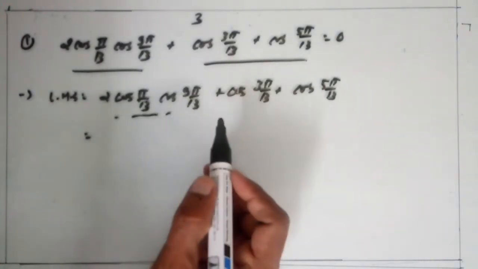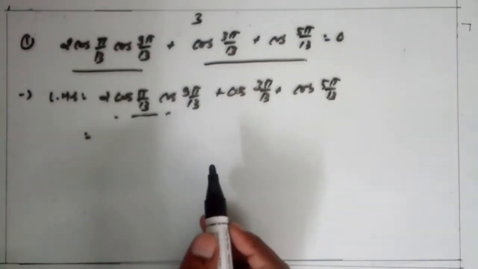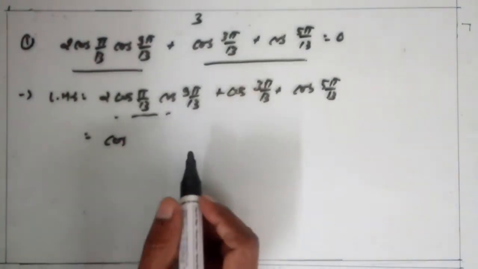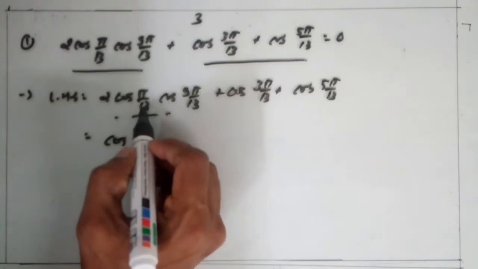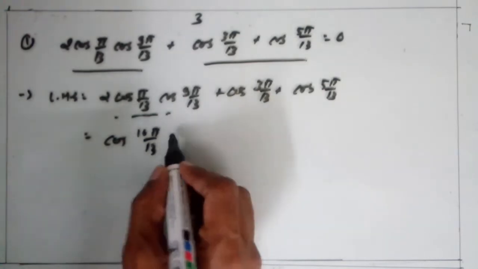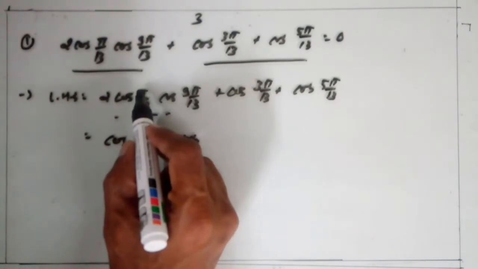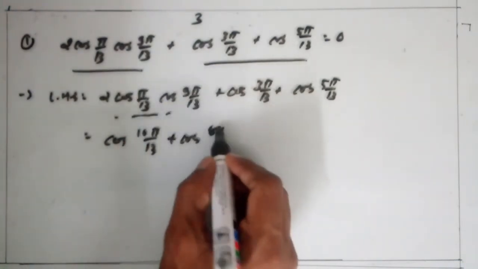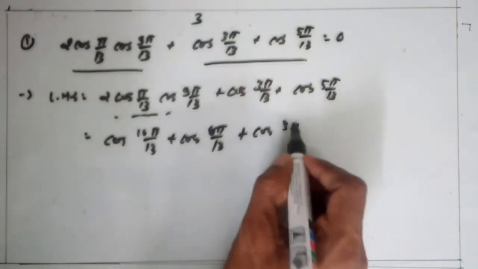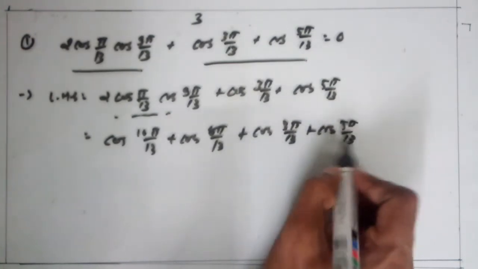Change this multiplication into addition form. We know that 2 cos C cos D is equal to cos(C+D) plus cos(C−D). So take the addition: π/13 plus 9π/13 becomes 10π/13, plus cos of the subtraction, 9π minus π becomes 8π/13. Clear this? Plus cos 3π/13 plus cos 5π/13.